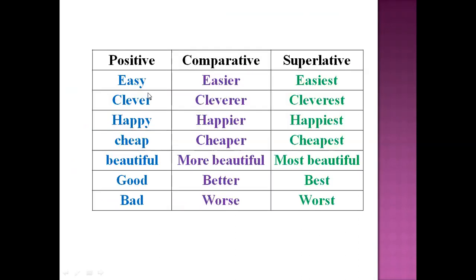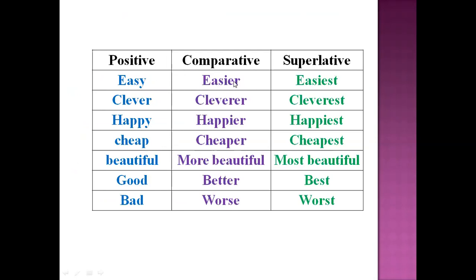This is a small chart. It shows adjectives or adverbs in positive, comparative, and superlative forms. If we read these adjectives, we can notice which are positive, which are comparative, and which are superlative. Let's read one by one.